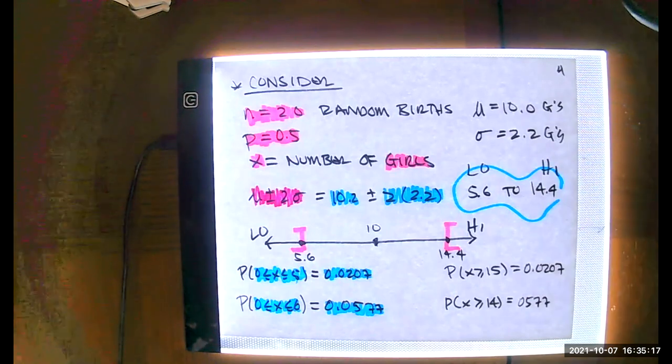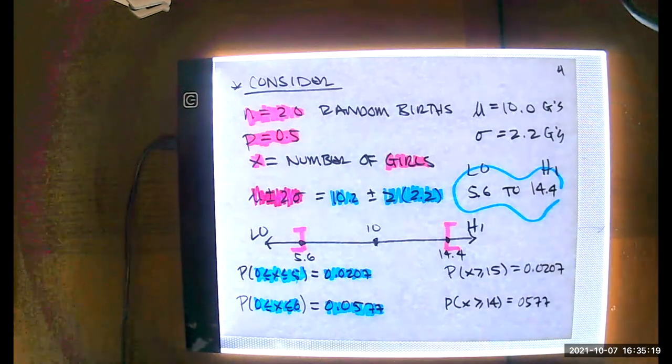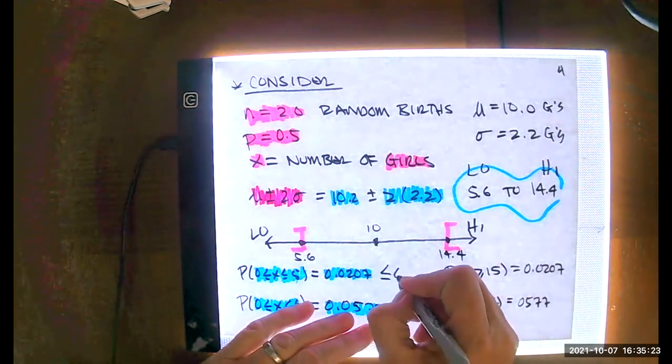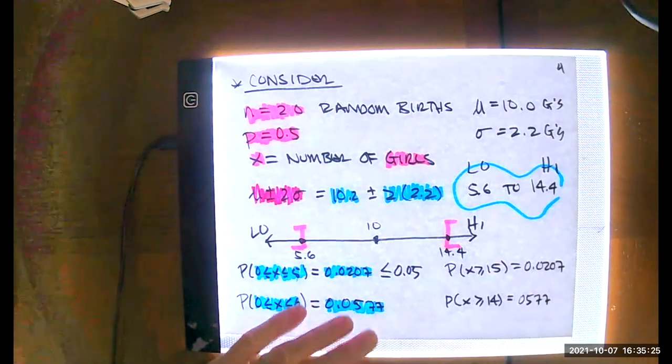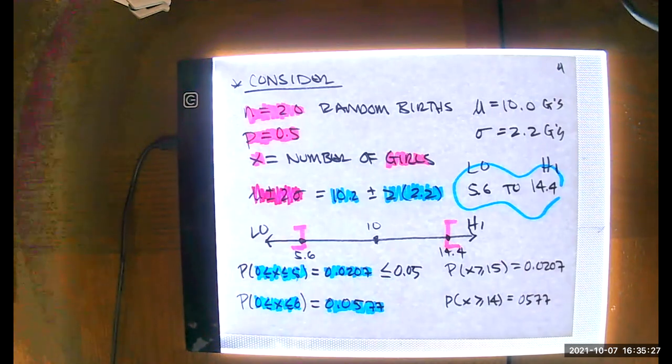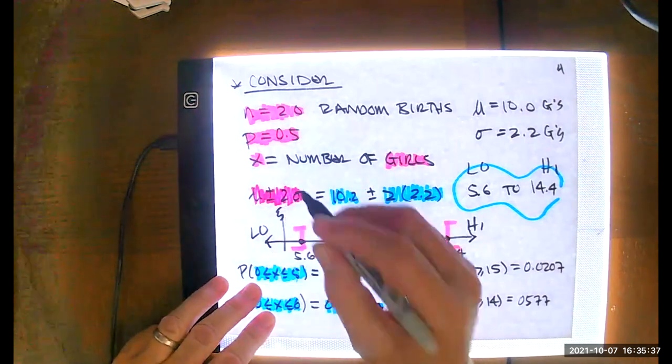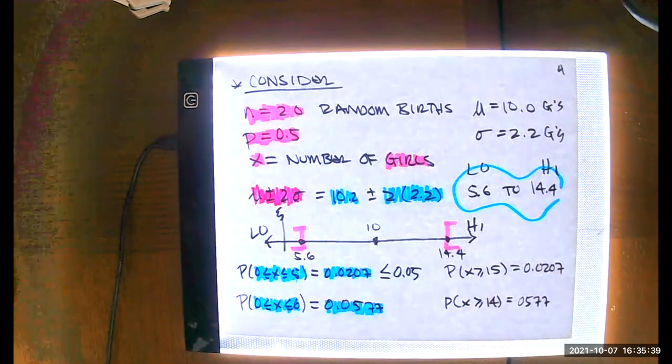Come back here. And I note that in the first case, that probability is less than 0.05. So 5 or fewer is significantly low in terms of the number of successes, or girls in this case, in 20 births.